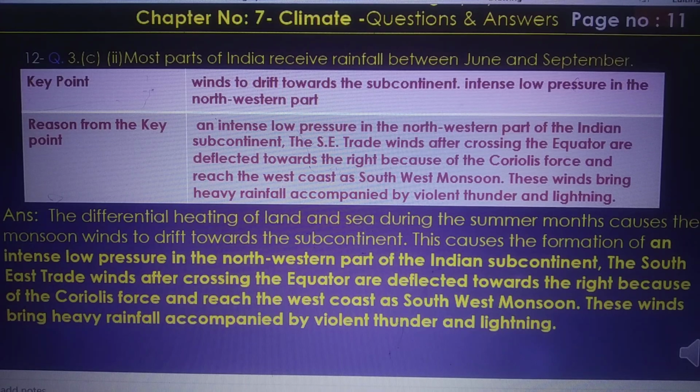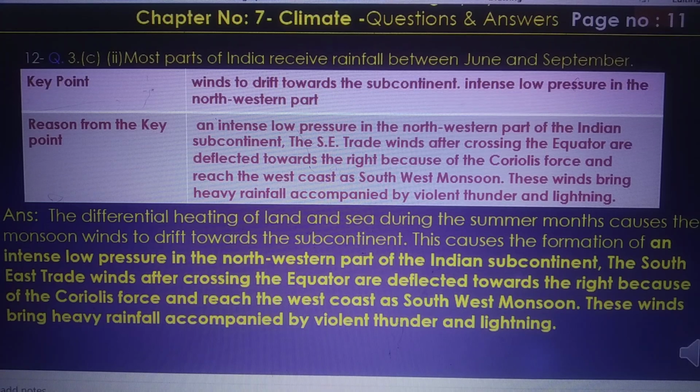Question number 12. Most parts of India receive rainfall between June and September. What is the key point here? The winds drift towards the subcontinent. Intense low pressure in the northwest part. The reason from the key points: an intense low pressure in the northwestern part of the Indian subcontinent.